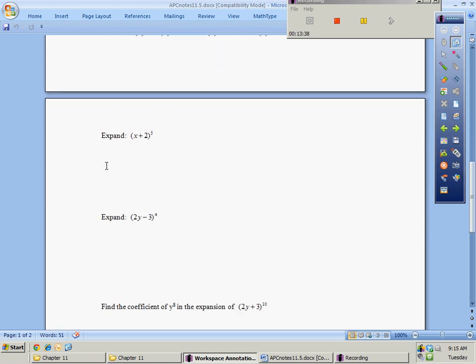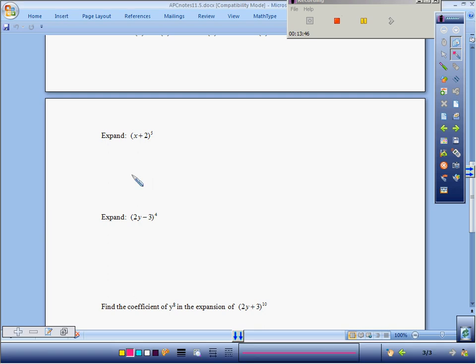So for example, let's look at the next one on this list, x plus 2 to the 5th. With the binomial theorem, this would look like 5 combination 0 times x to the 5th. So that's your first term of that binomial expansion. Then this goes down by 1, this goes up by 1, and it's times 2 to the 0. But what's 2 to the 0? 1, right?